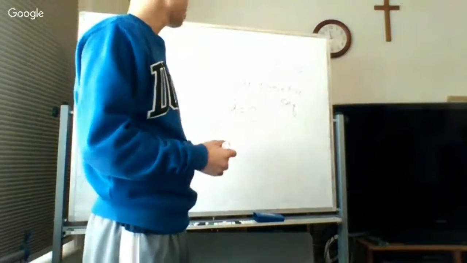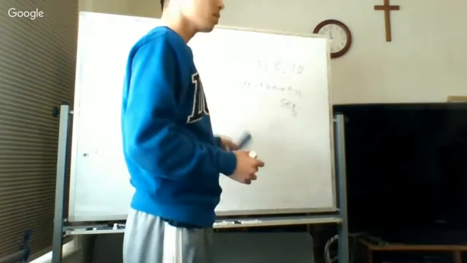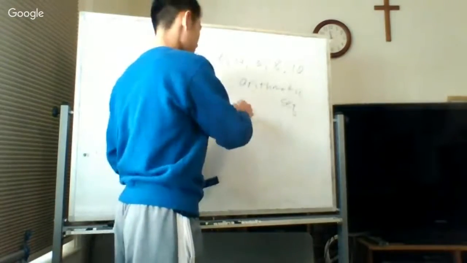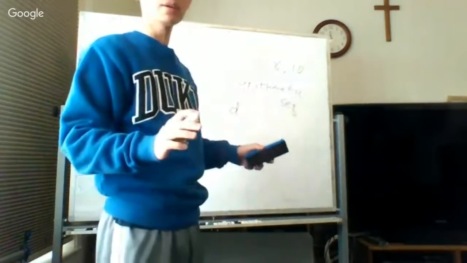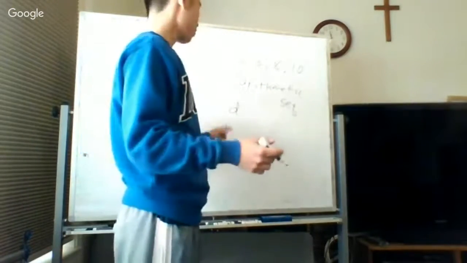So let's say we have an arithmetic sequence with some common difference D. I'm not going to tell you what it is. It's just the variable D. What is the recursive formula or the implicit formula for this sequence?